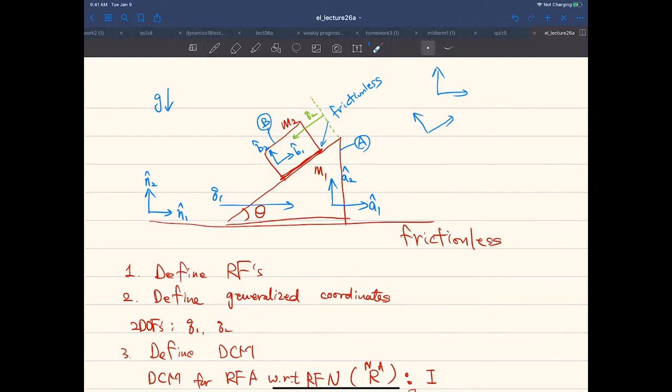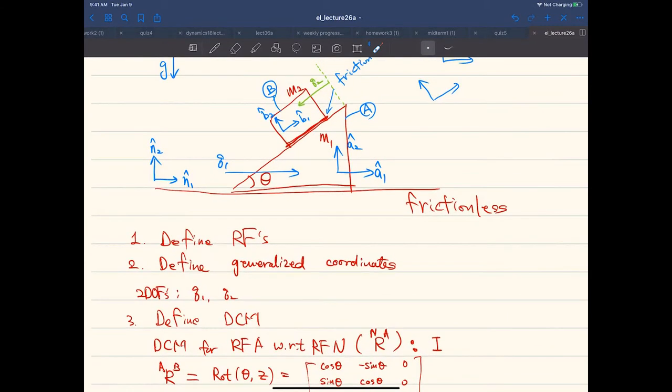So we have minus Q2 in B1 direction, but that's relative movement.